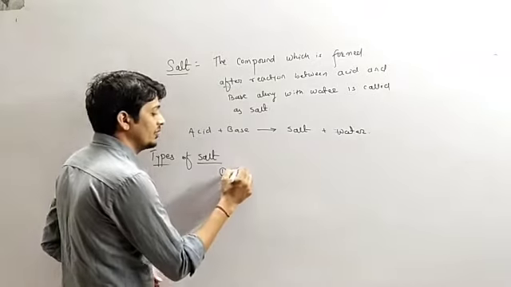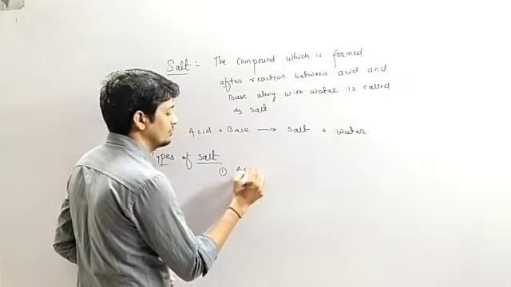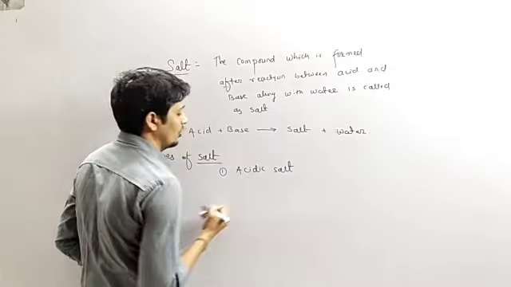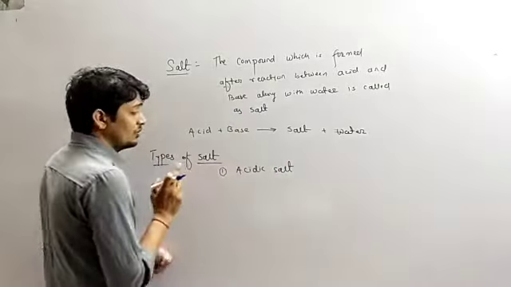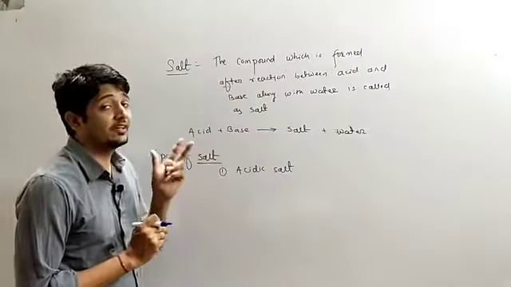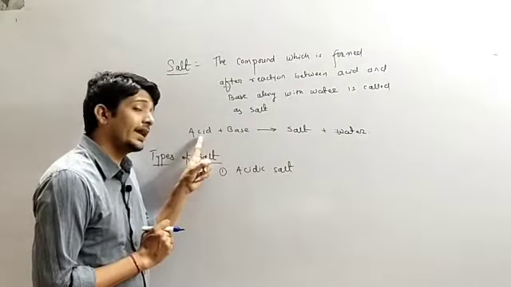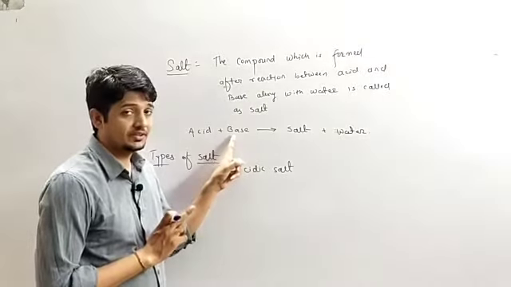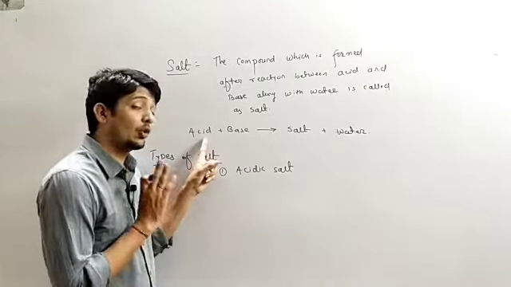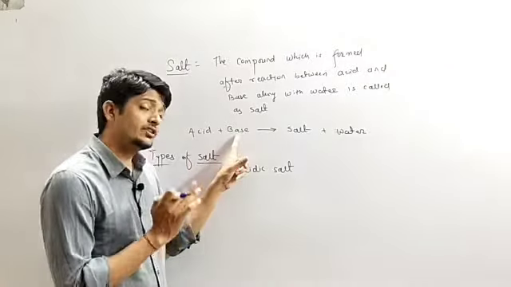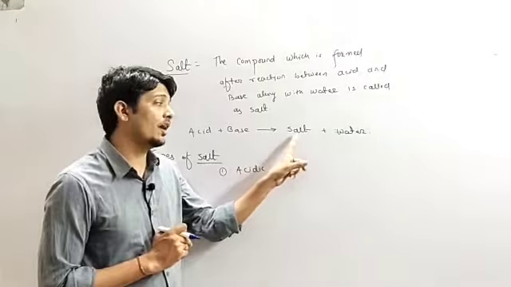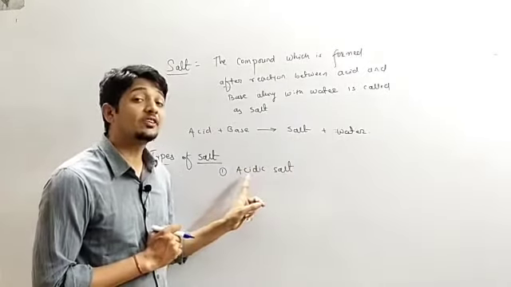We have first acidic salt. Acidic salt means if the neutralization reaction takes place between strong acid and weak base. ऐसी रिएक्शन जहां पर हम एसिड स्ट्रॉन्ग यूज करेंगे और बेस वीक यूज करेंगे, तब जो रिएक्शन होगी वहां पर जो सॉल्ट फॉर्म होगा दैट विल बी एसिडिक सॉल्ट.